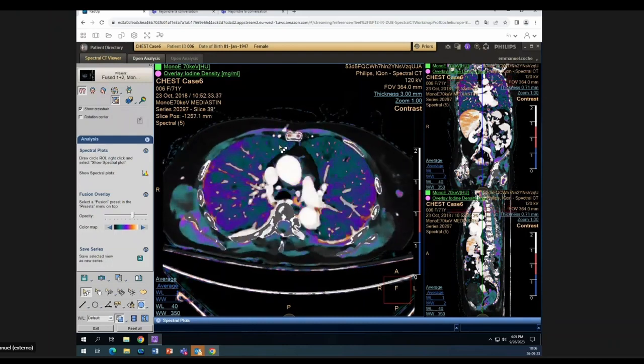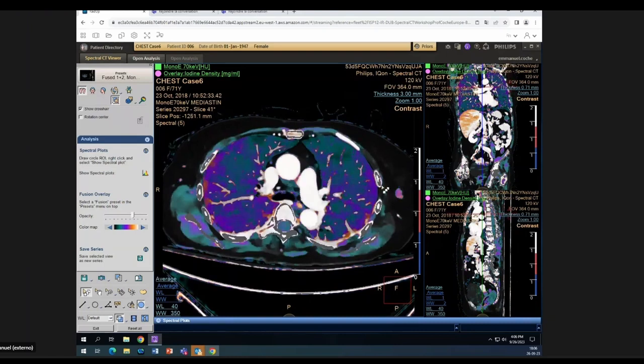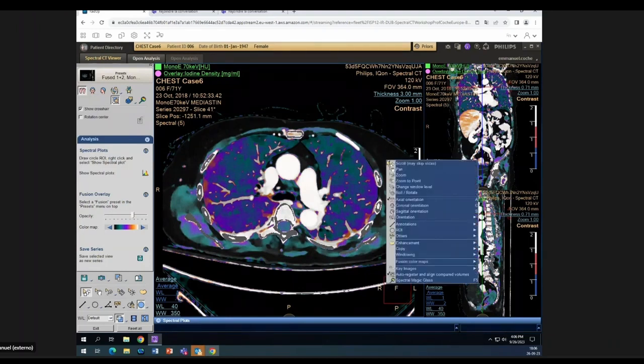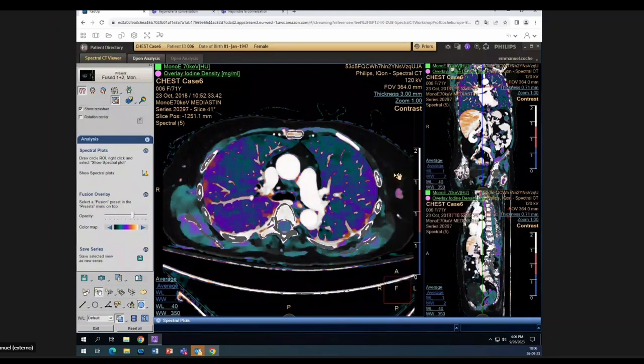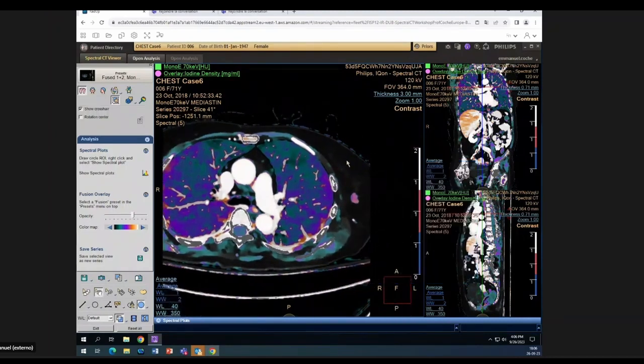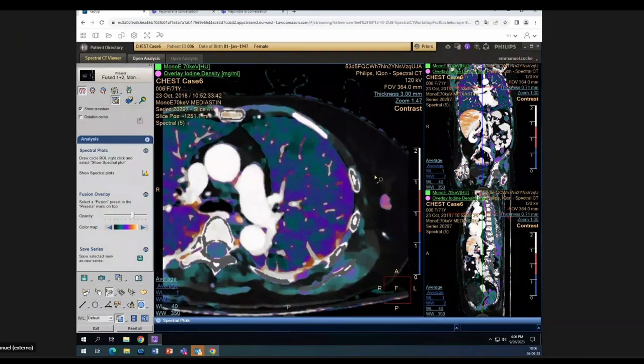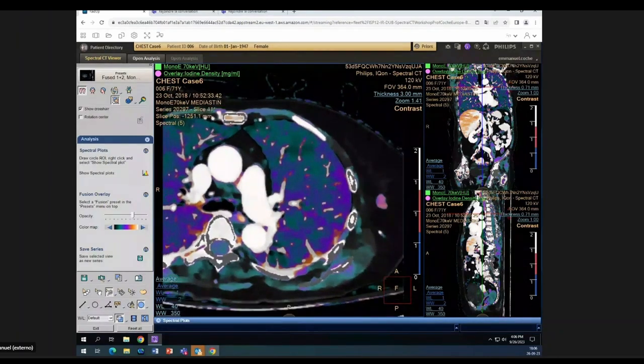Here, you see there is something with high content of iodine. We will focus. You can pan if you want, display the region of interest. You can zoom with the right hand side button. You zoom. And you can measure the iodine density.